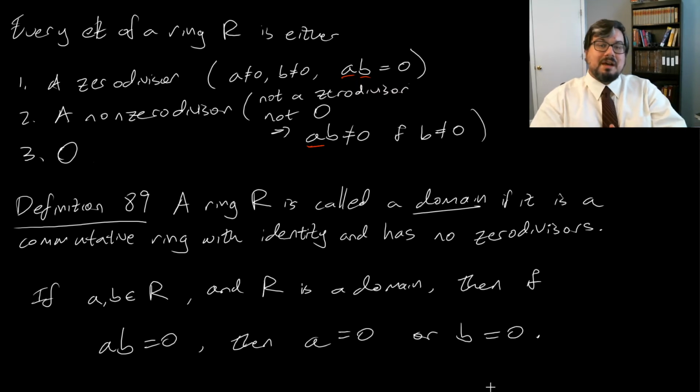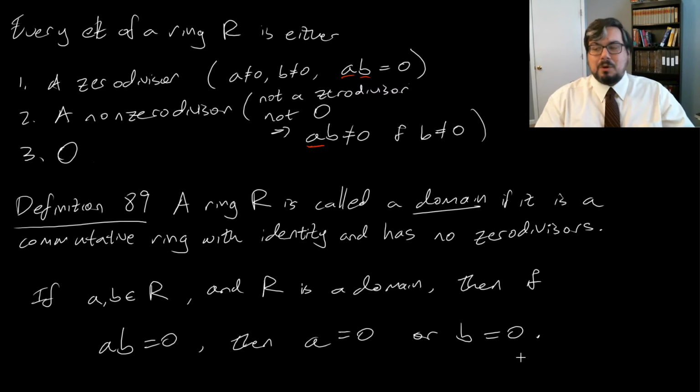This is a property that we use in elementary algebra all the time. In fact, the strategy of solving a polynomial equation by factoring the polynomial and setting each of the factors equal to 0 relies on the fact that in the integers, if two things, or really multiple things, multiply together to equal 0, then one of the factors had to be 0 to begin with. And that comes from the fact that the integers are a domain.